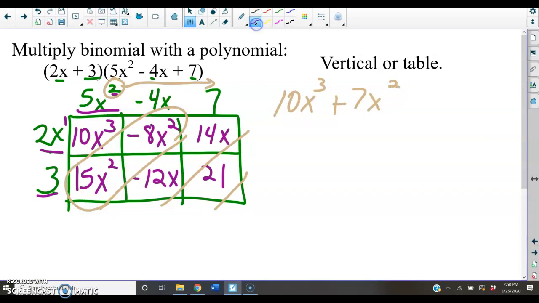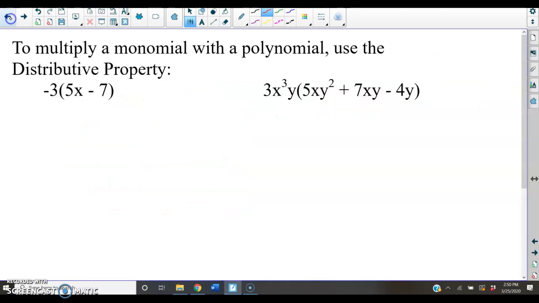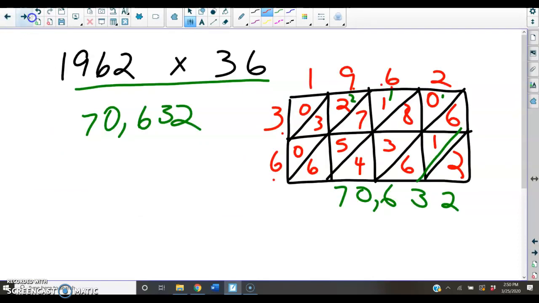I'm going to add these two. Okay, I want a different color. And that's going to be plus 2x, and then the 21. Okay, we're going to come back to that. We'll do another one similar to it, but let's start over.